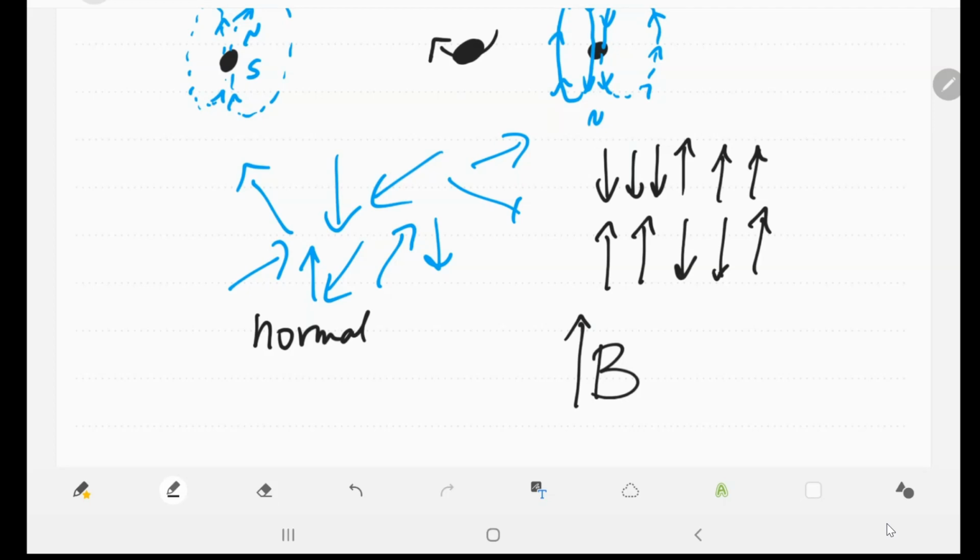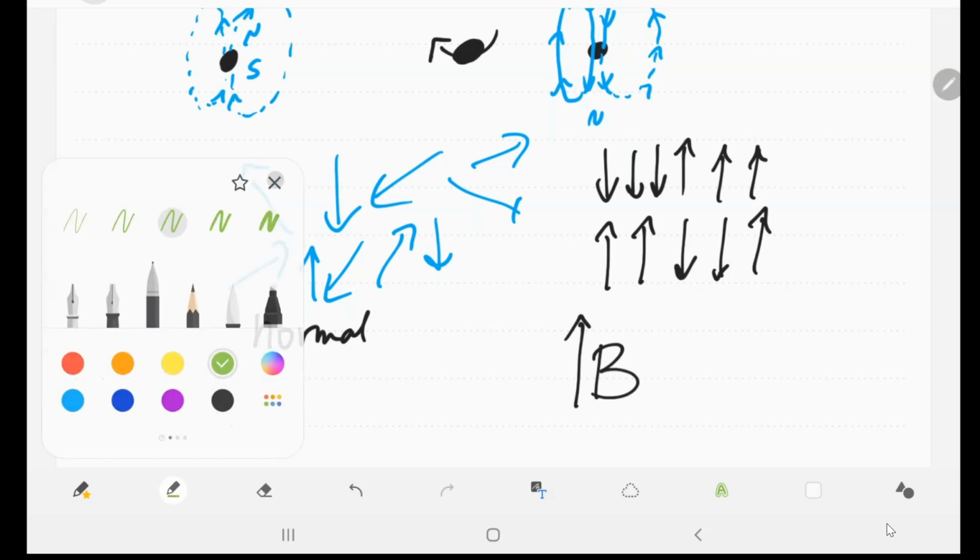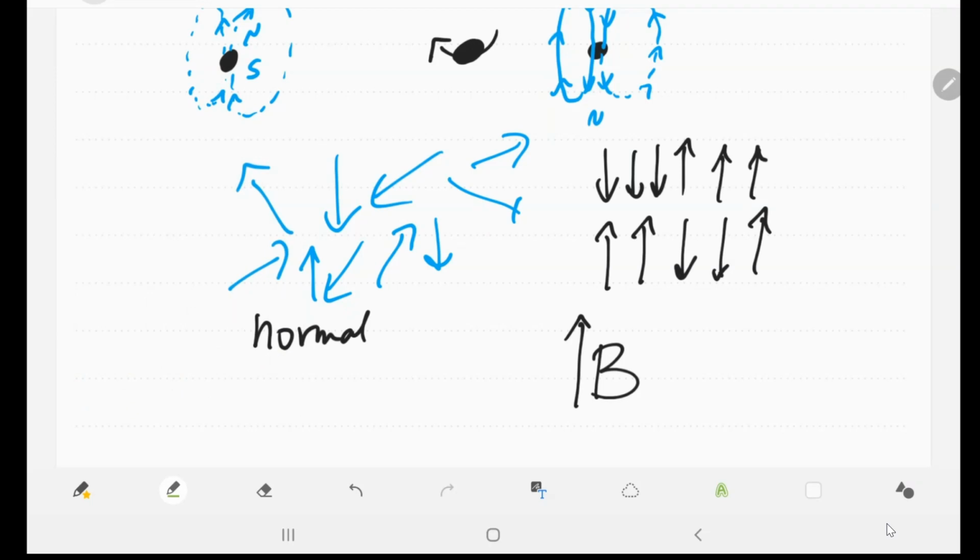Suffice it to say, some will end up aligning with your magnetic field, some will oppose it. It just happens to be whichever way they'll be looking. And as a result, we end up with an energy difference between those two. Those that are aligned have lower energy, and we'll have some that oppose it, and those are going to have higher energy, right?